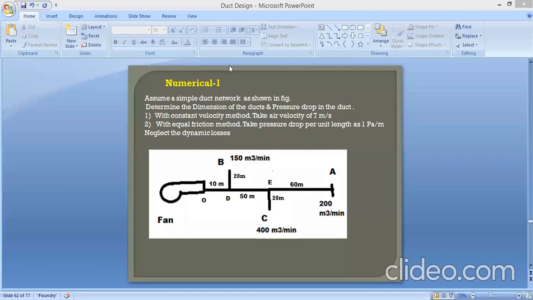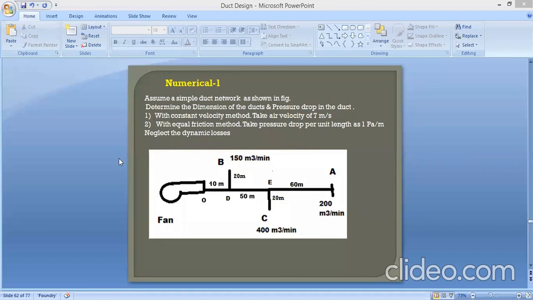I think everybody is now familiar with this numerical. In the given numerical, you have to design a simple duct network, which means you have to find out its dimensions and the pressure drop in the duct with the help of two methods. First is the constant velocity method, and second one is the equal friction method.